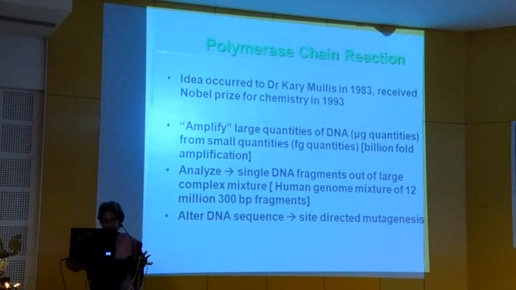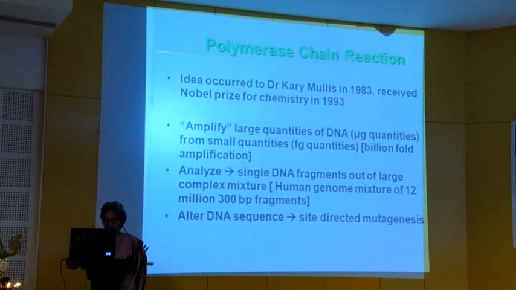It amplifies in billion folds. Then you analyze single DNA fragments out of a large complex mixture. For example, the human genome has a mixture of 12 billion 300 base pair fragments. So if you have to amplify and study each and every fragment, you can imagine the quantum of work that goes into the whole exercise.